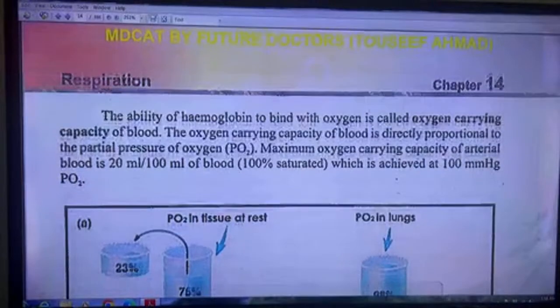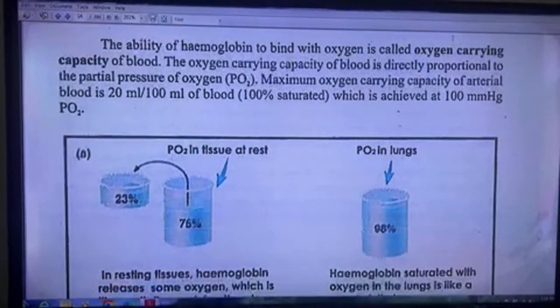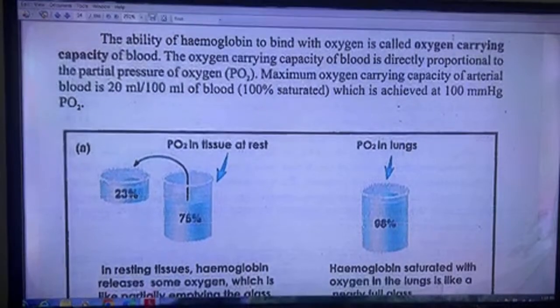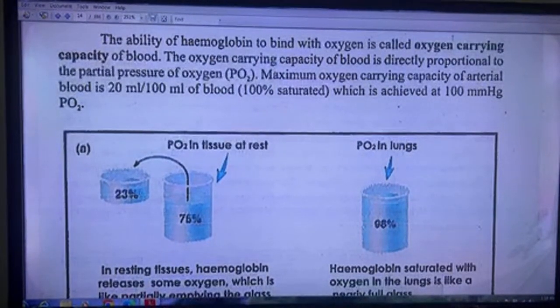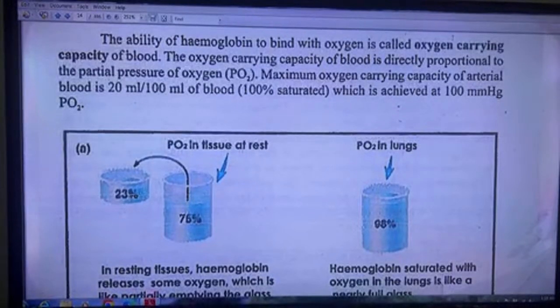The ability of hemoglobin to bind with oxygen is called the oxygen carrying capacity of blood. The oxygen carrying capacity of blood is directly proportional to the partial pressure of oxygen, PO2. Maximum oxygen carrying capacity of arterial blood is 20 milliliters per 100 milliliters of blood, 100% saturated, which is achieved at 100 mmHg PO2.